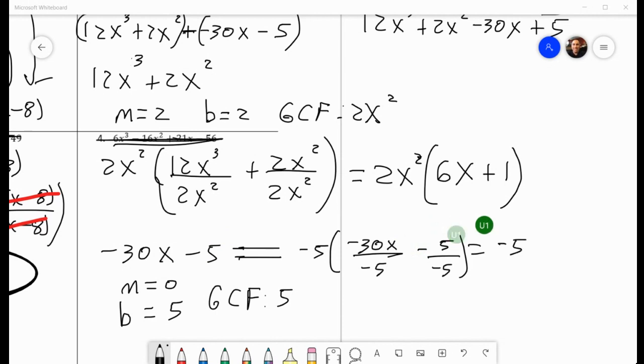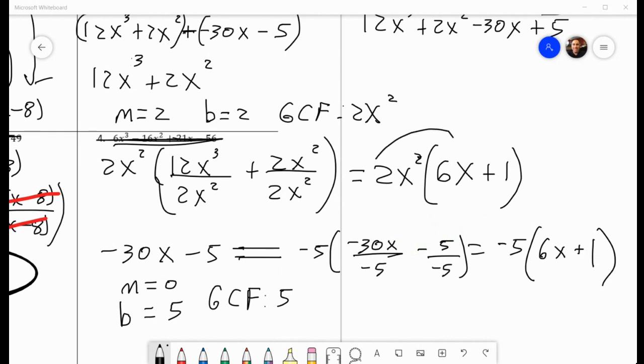And we get minus 5 times negative 30x over negative 5, which is 6x, and minus negative 1. Actually, excuse me, that's plus 1, because we have minus 5 over negative 5, which is minus negative 1, which is plus 1.